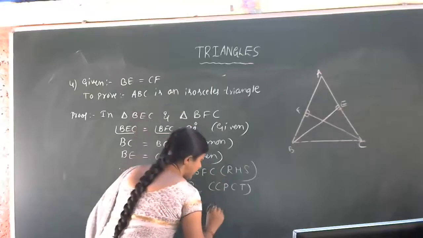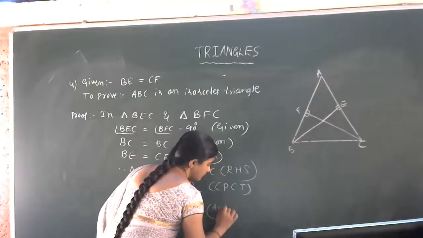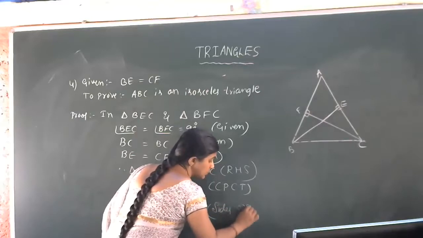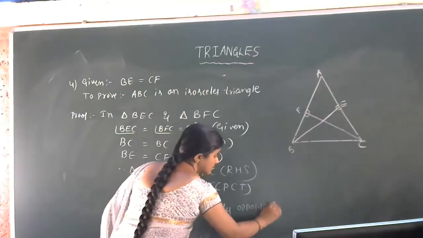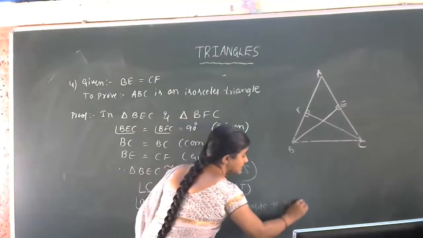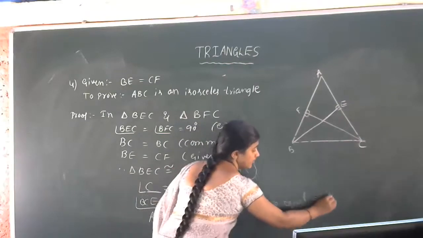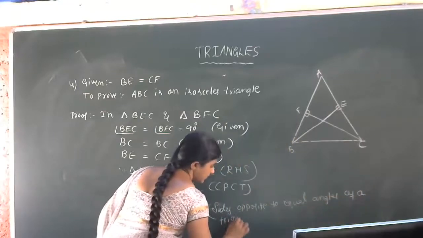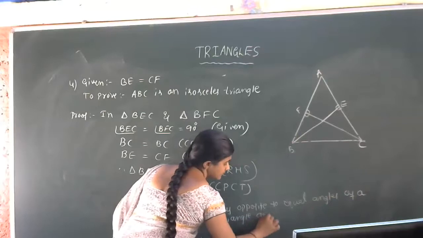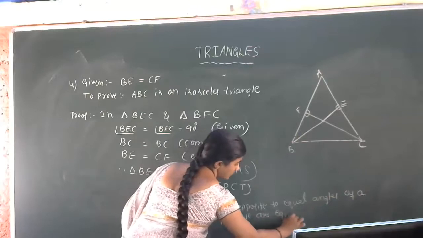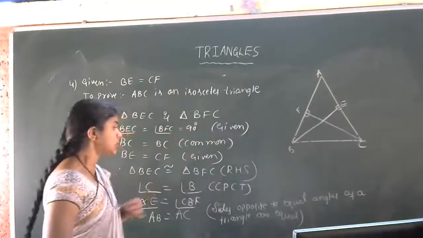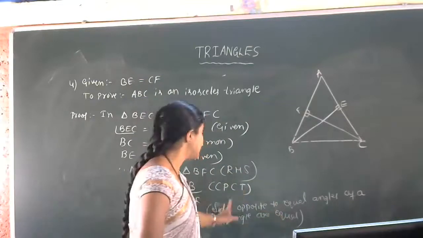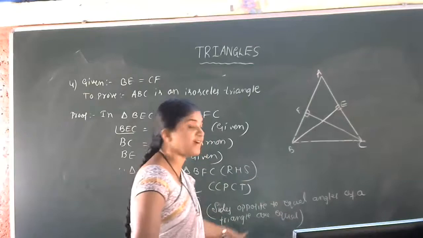The reason you have to write is: sides opposite to equal angles of a triangle are equal.